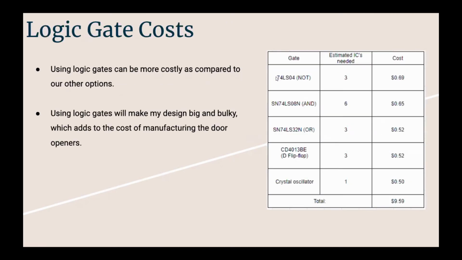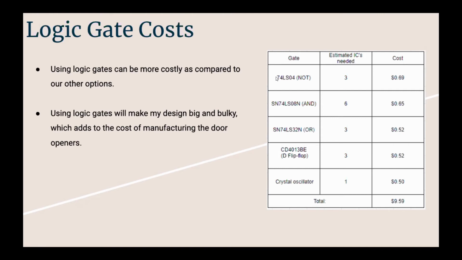Okay, then. For my logic gate cost, using logic gates can be more costly compared to our other options. Using logic gates will make my design big and bulky, which adds to the cost of manufacturing the door openers. For my first gate, my 74LS04 NOT gate, I need about 3 ICs, which came out to $1.69.